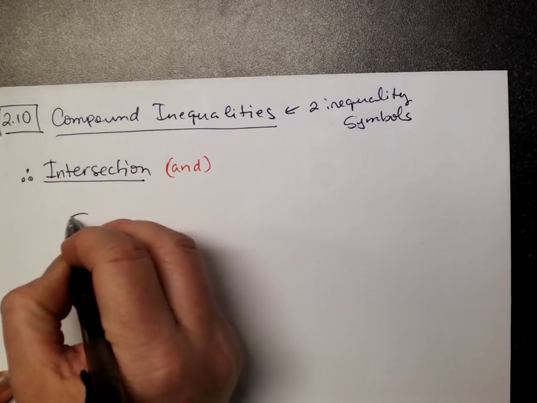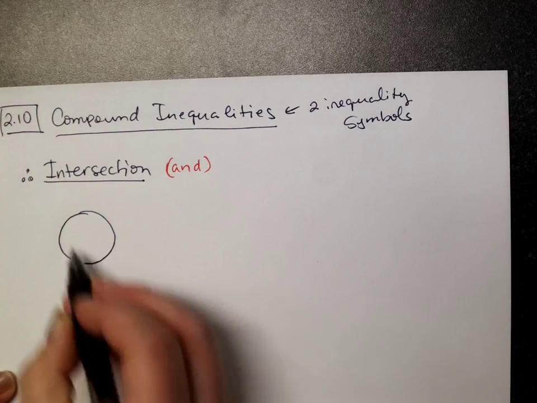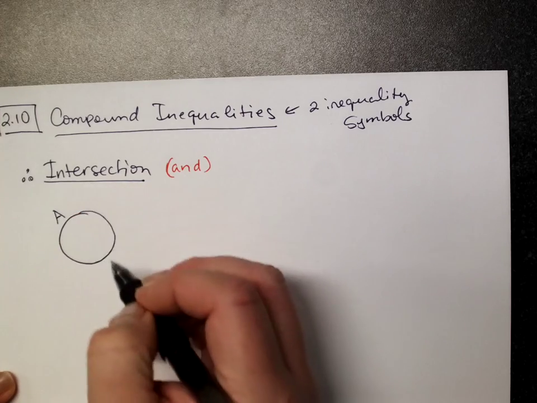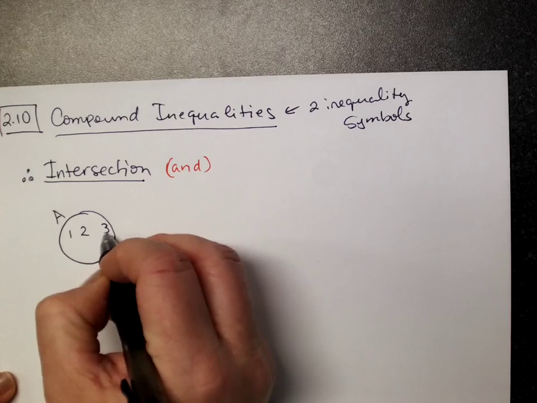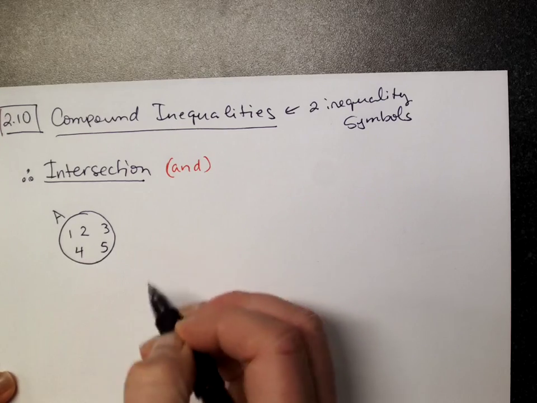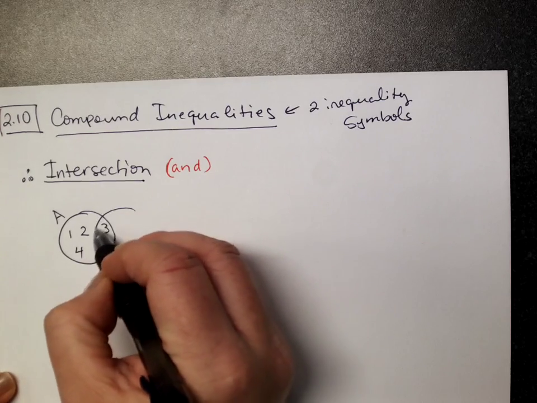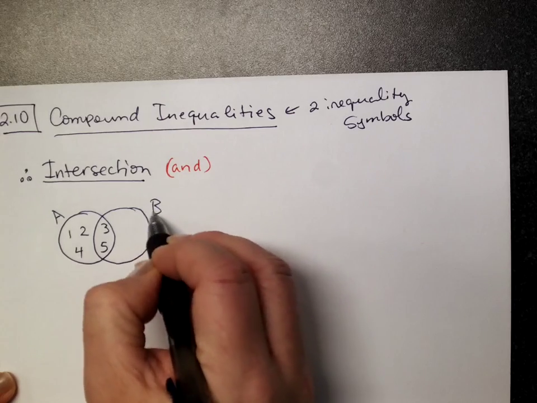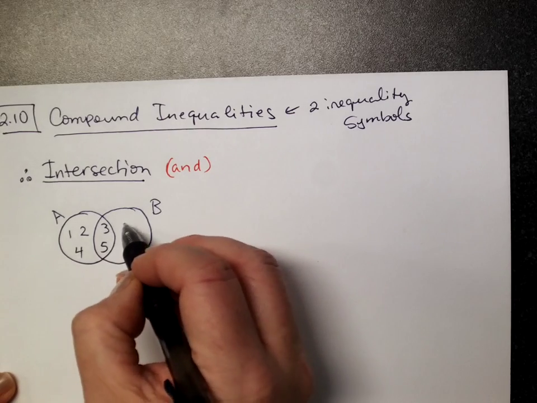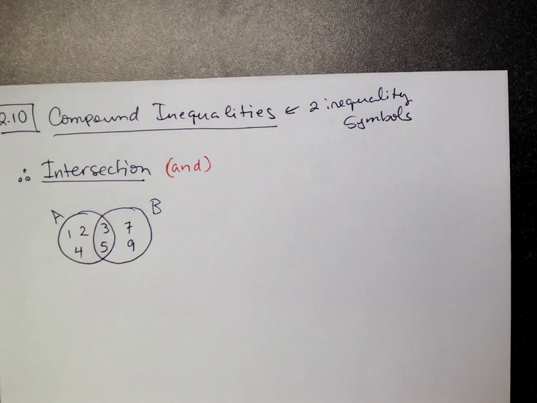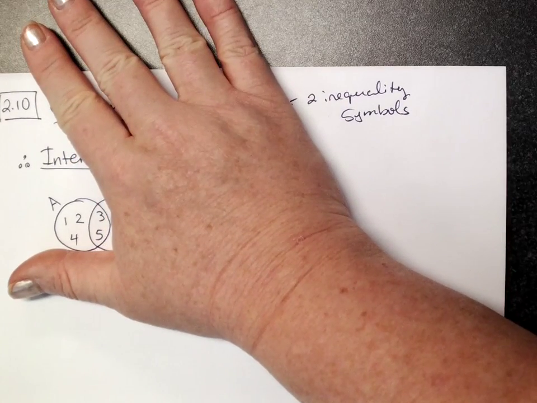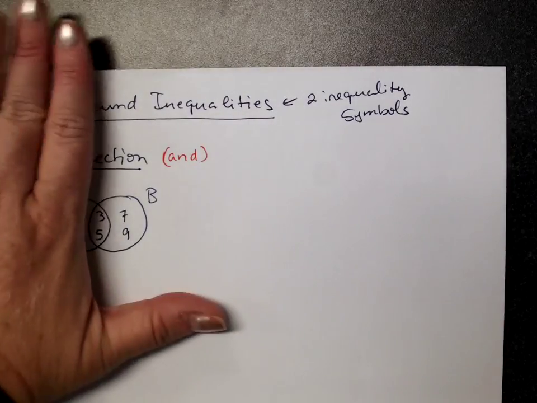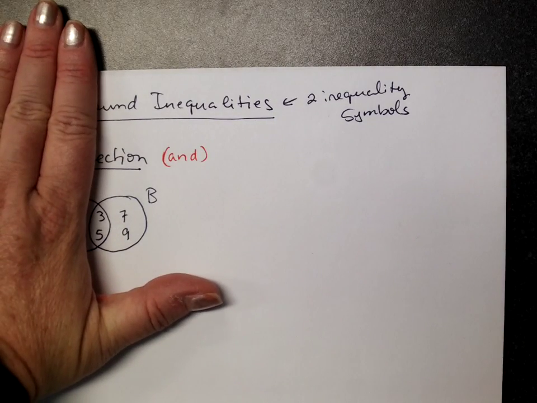But for an intersection, let's say we've got one set. I'll say this circle is set A, and this set includes the numbers 1, 2, 3, 4, and 5. Then we have a second set, set B, which includes the numbers 3, 5, 7, and 9. Just looking at set A, that's 1, 2, 3, 4, 5. Just at set B, that's 3, 5, 7, 9.